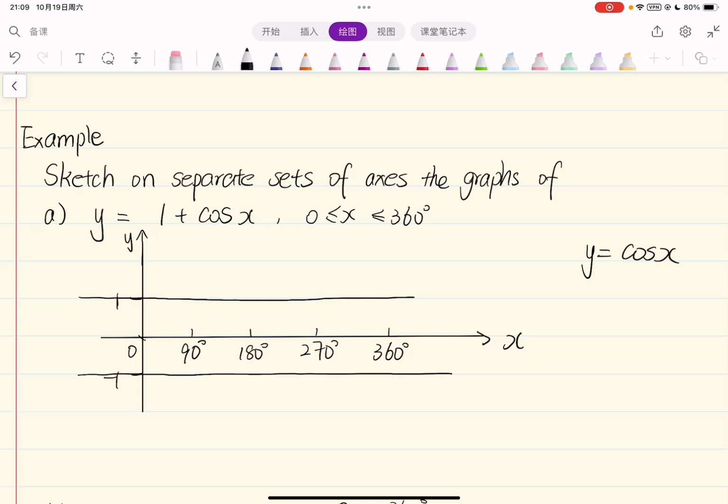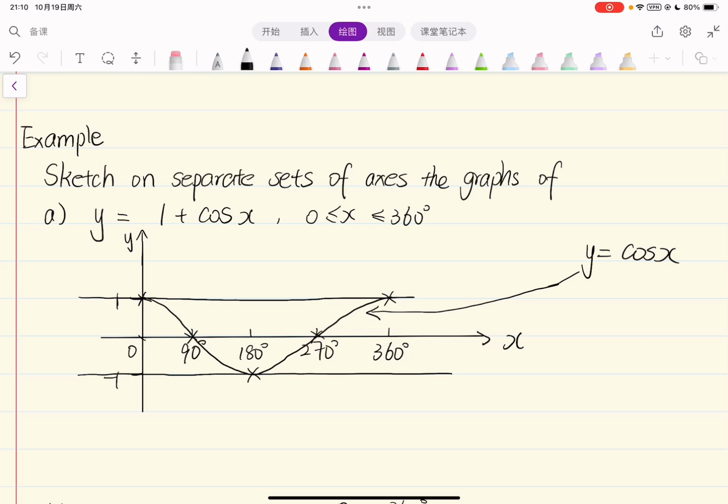When x equals 0, cosine 0 equals 1. At 90 degrees, y equals 0; at 180 degrees, it is negative 1. So we can draw the curve. Here is y equals cosine x.